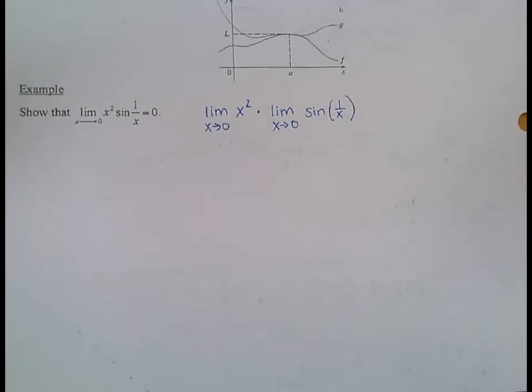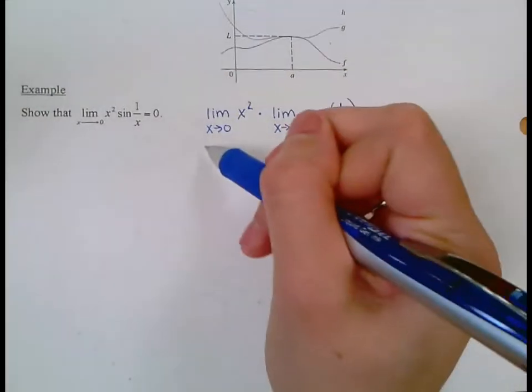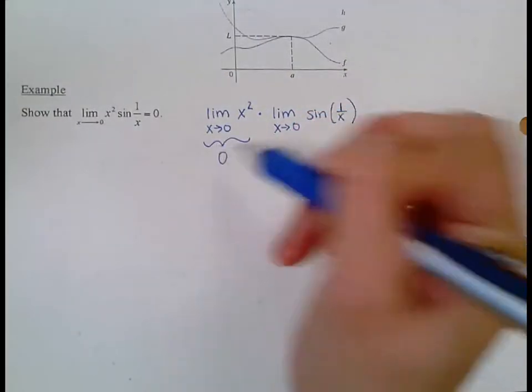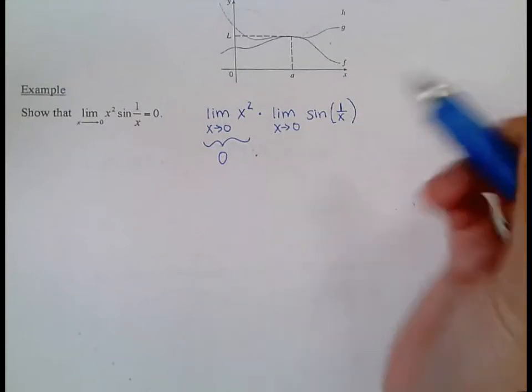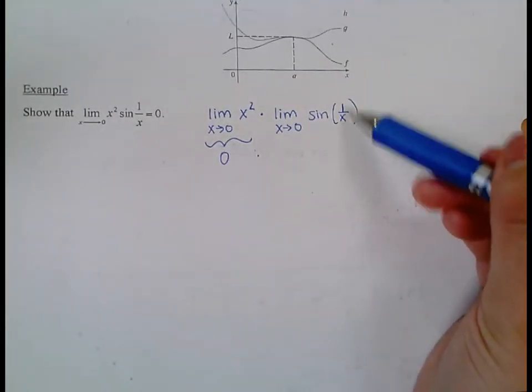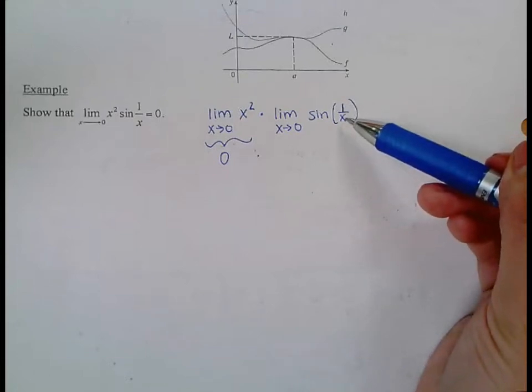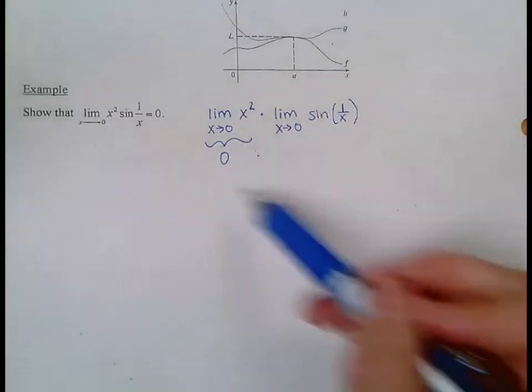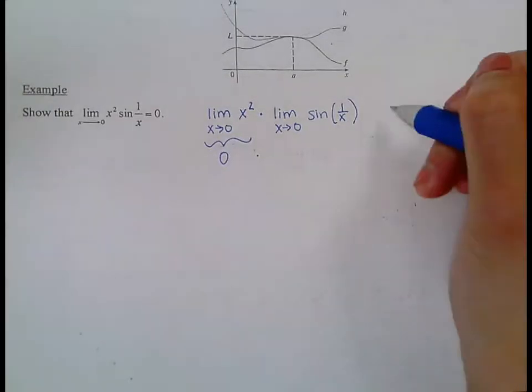And here, we can just substitute 0 into x squared and get 0. But here, we cannot just substitute 0 in for x because this would not be defined if we substituted 0 in. So therefore, limit laws we can't use for this one.